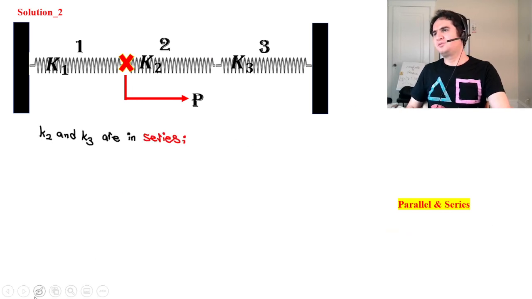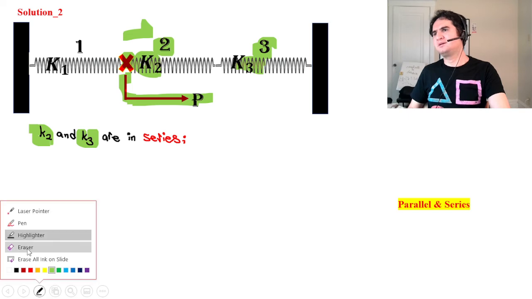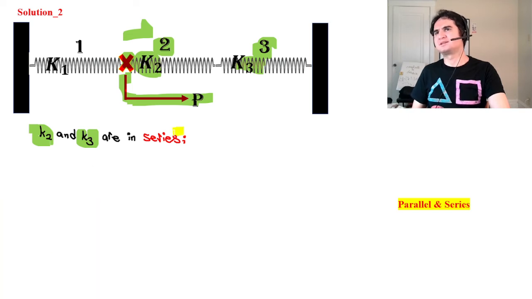As you can observe in this figure, K2 and K3 handle a force P at the center at one end, so they are in a series situation. In series, 1 over K equivalent is 1 over K2 plus 1 over K3.